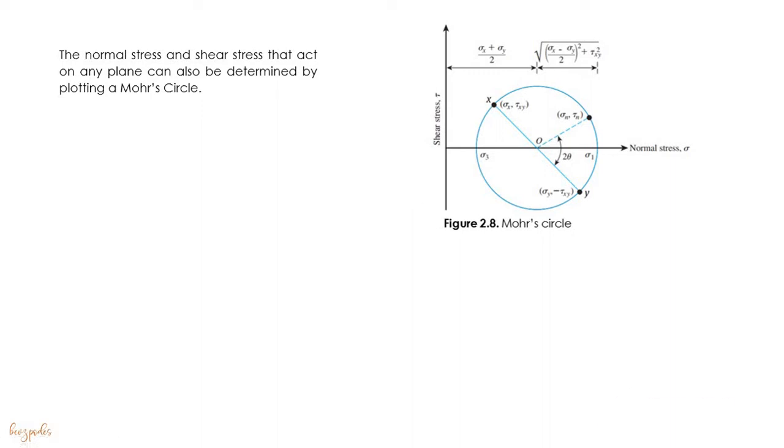By accurately plotting a Mohr's circle, we will be able to see all the necessary information even without using the equations to solve for the value of the major principal stress, minor principal stress, normal stress, and the shear stress. So by accurately plotting a Mohr's circle, we will be able to get the values of the normal stress, the shear stress, the major principal stress, and the minor principal stress.